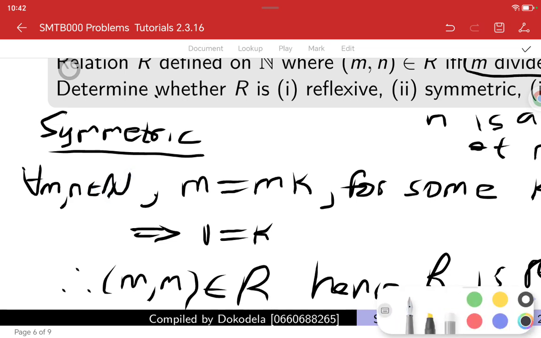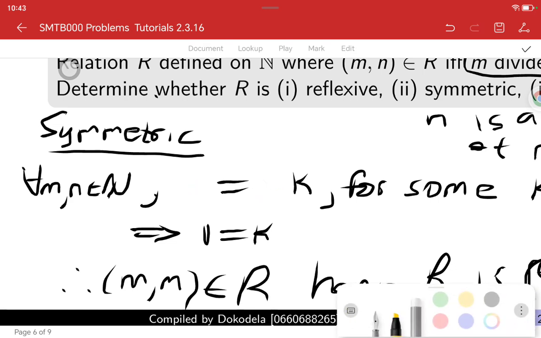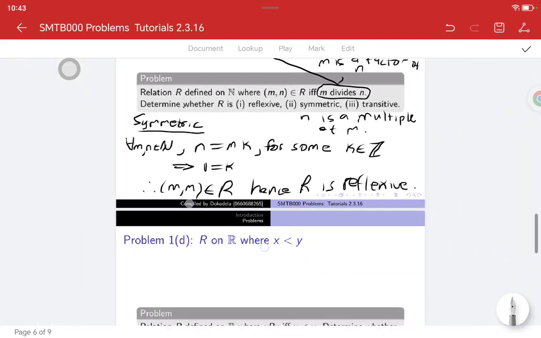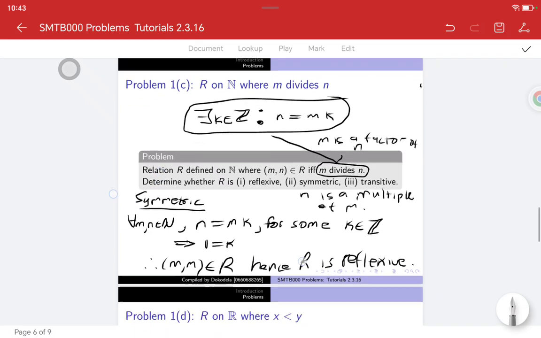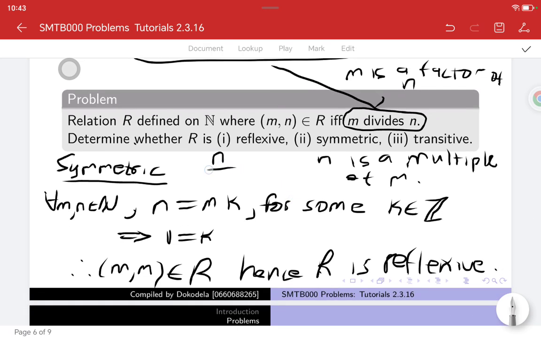Then the formula says that n is equal to mk, which is what we had there, that m divides n. Or in other ways, I would write it like this, but at the end it will become this when I multiply both sides by m.